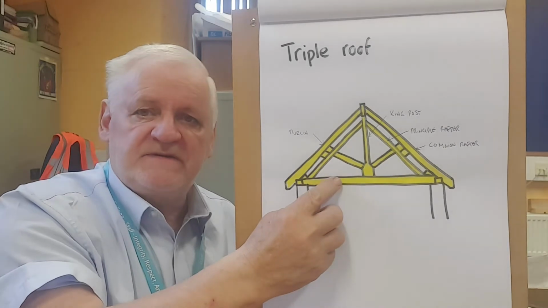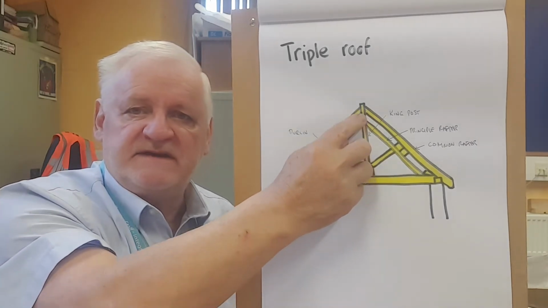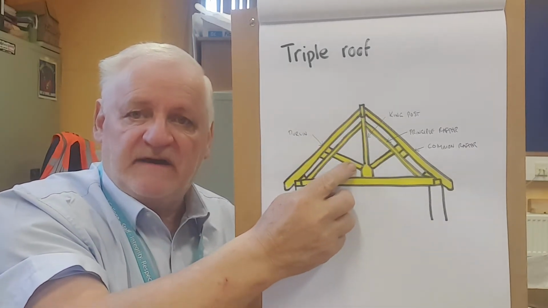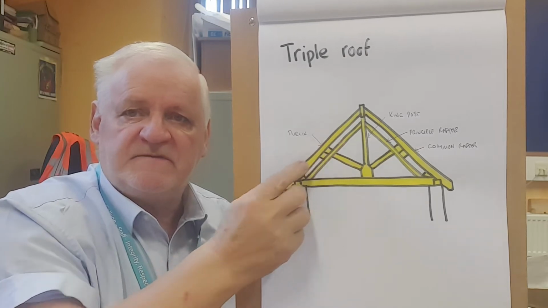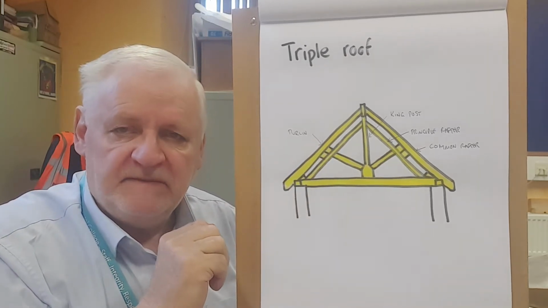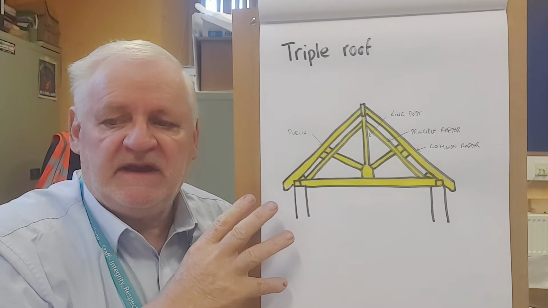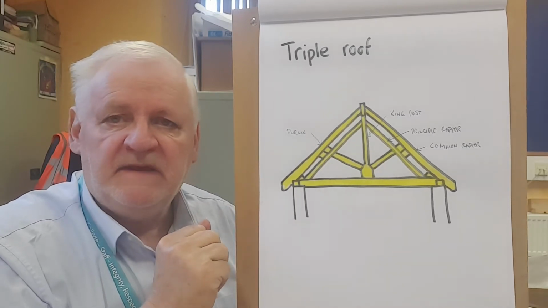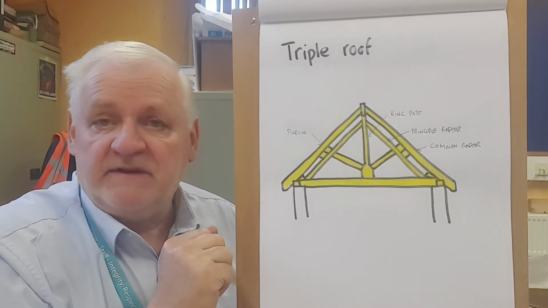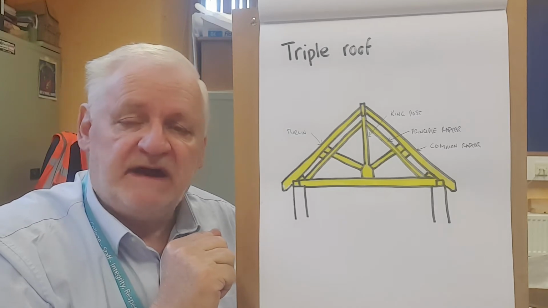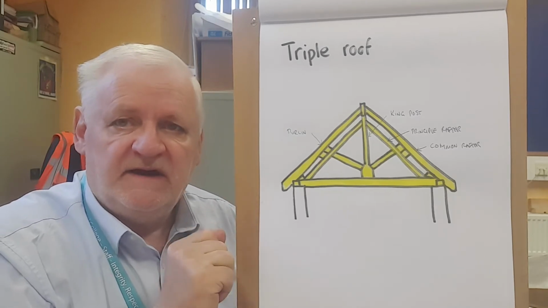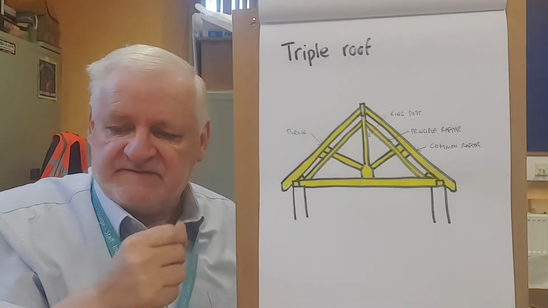So you use heavier material for the king post, but after that all the other items of material are lighter, and this is an exceptionally sophisticated way of building a roof. If you go into churches, if you go into ancient buildings, you'll find the triple roof is very common.